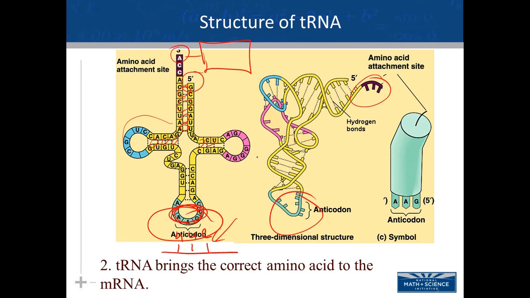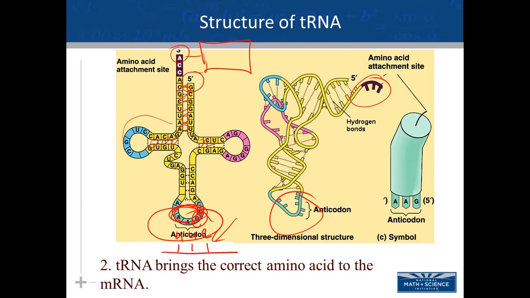Now, theoretically, there should be 61 transfer RNAs, because remember, there are 64 codons, but 3 of them are stop codons. But it turns out that there's often redundancy at position 3 in the messenger RNA codon. And so the base pairing rule at position number 3, right here, is not as strict.